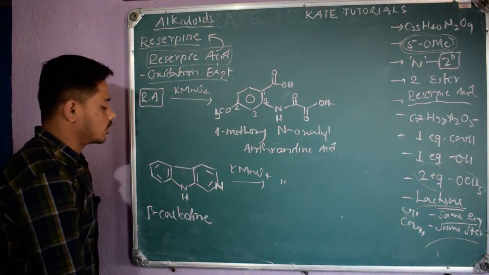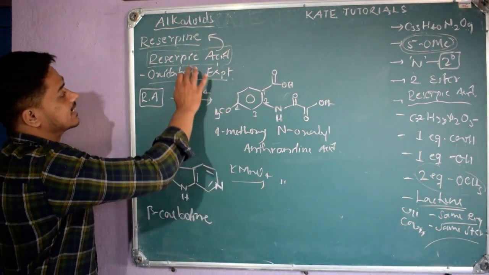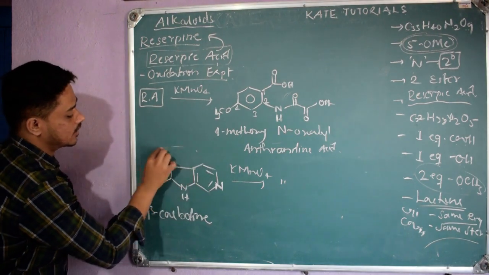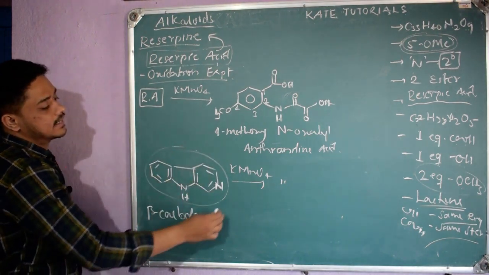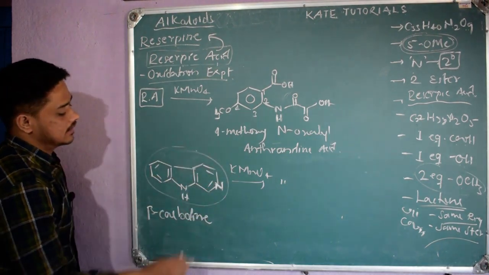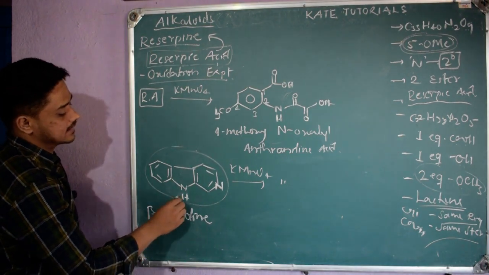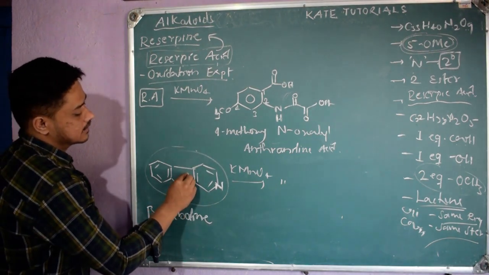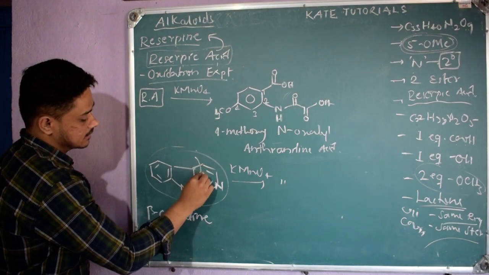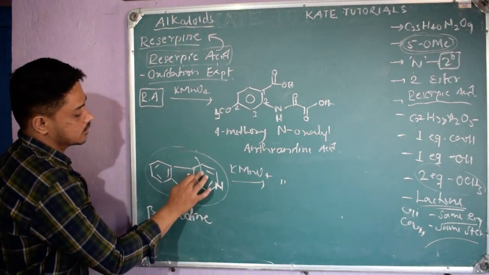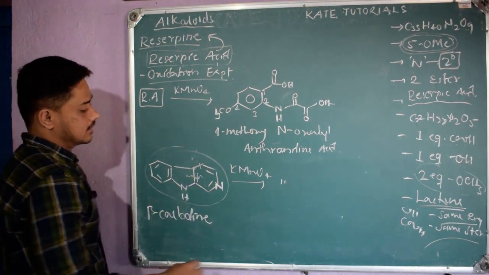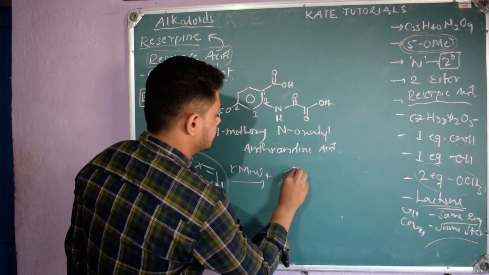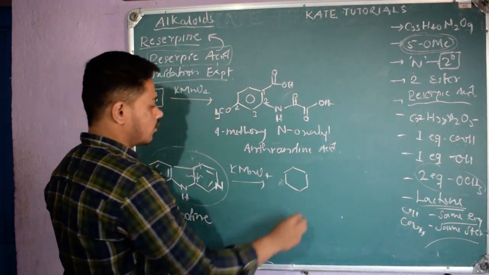So what they concluded is that this reserpic acid has this kind of structure, because when they did this KMnO4 oxidation, the bond was broken like this. See, this N is there, the bond was broken somewhat like this. First you break like this, so that you will get this thing. I hope you are getting it.